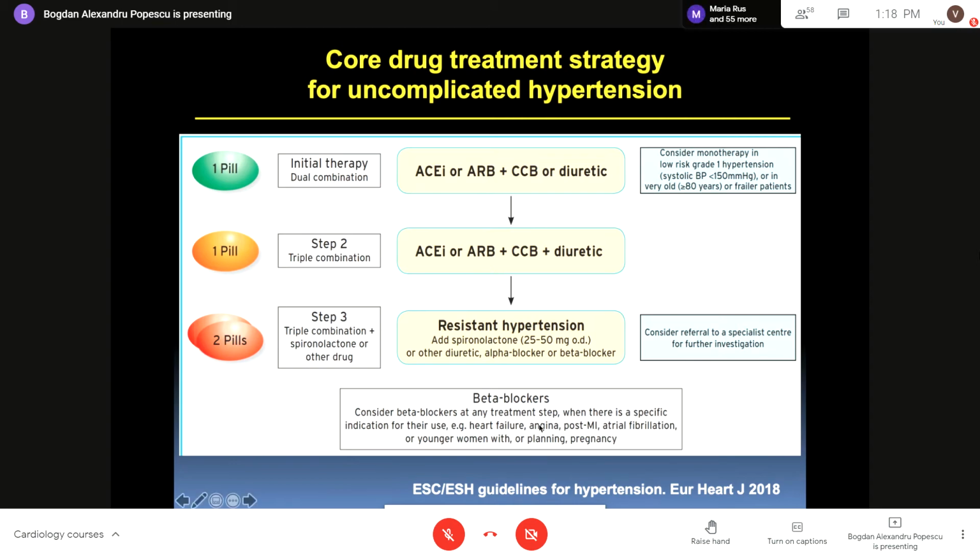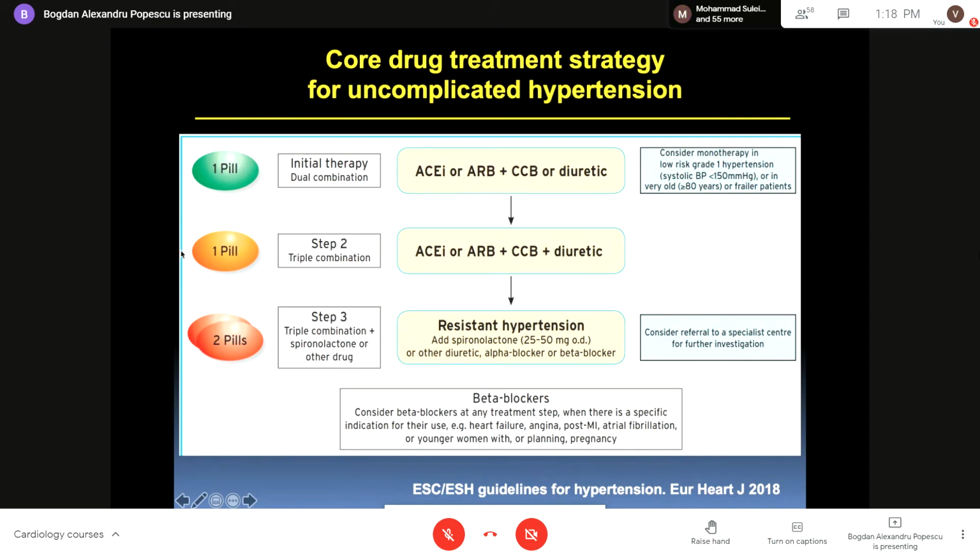Heart failure, where you heard that beta blockers are very important, or coronary disease, angina post-MI, atrial fibrillation, where you use beta blockers to control the heart rate, and so on and so forth. Otherwise, in the absence of these indications, we usually start either with ACE inhibitors or calcium channel blockers or diuretics.